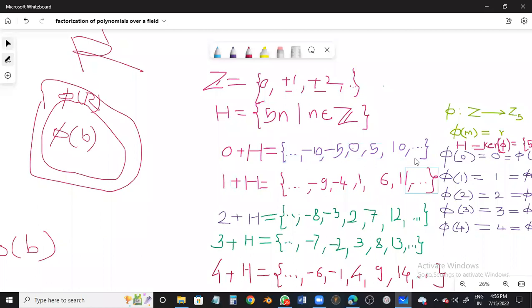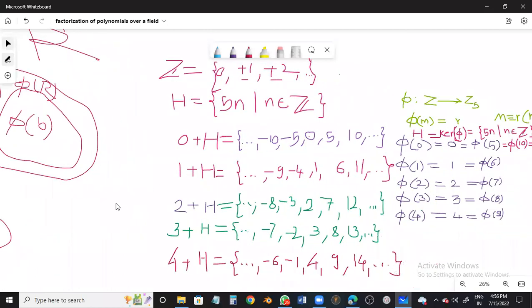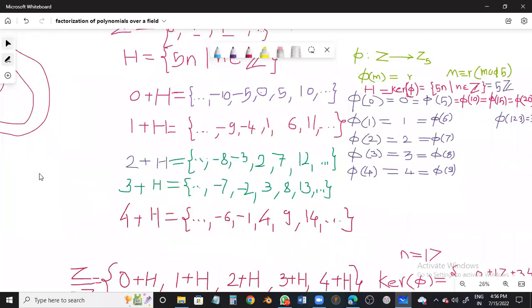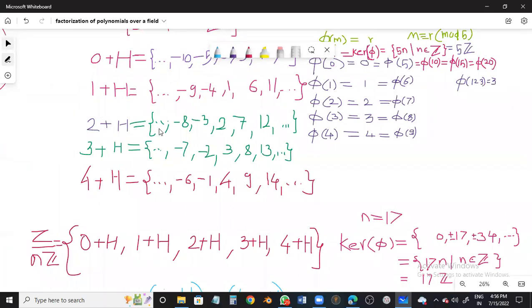You call it a coset of H. Now, if you add 0, all the elements remain the same. If you add 1, yesterday itself you prompted me these elements. Then if I add 2, I get these elements. By adding 3, these are the elements. By adding 4, you get these many elements.